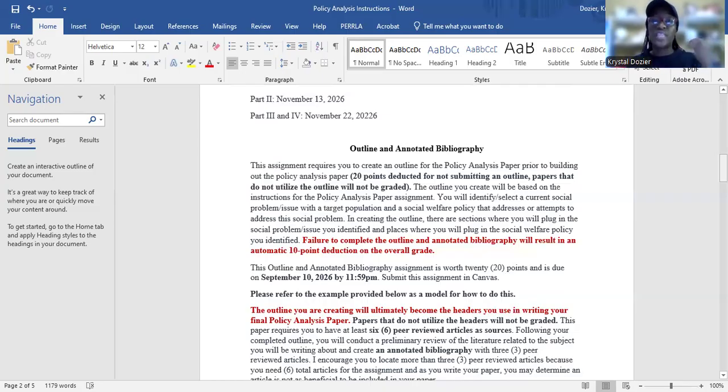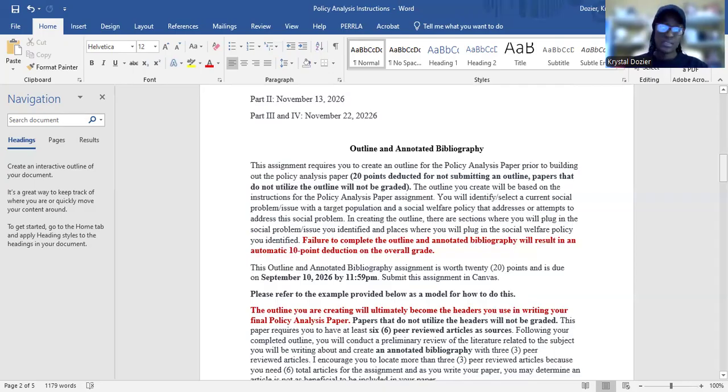Papers that don't use the outline will not be graded. If you don't use the outline that's provided, you have paragraphs that are going all over, I'm not going to sift through your paper to see if you have identified all the aspects that need to be included in the policy analysis. Part of professionalism as a social worker is being able to follow instructions.